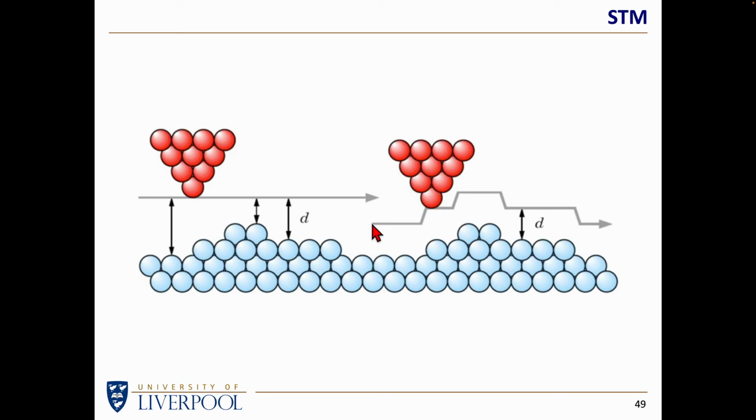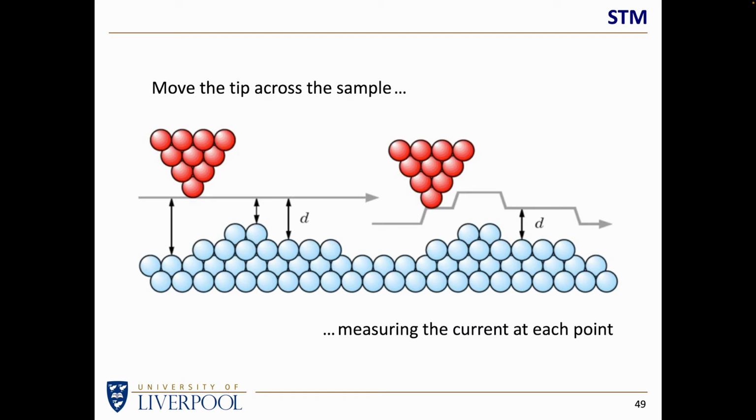What we actually tend to do is move the tip up and down to keep this distance fixed. In other words, as the tip scans across the surface, we move it up or down so as to maintain a given current which maintains a given distance.